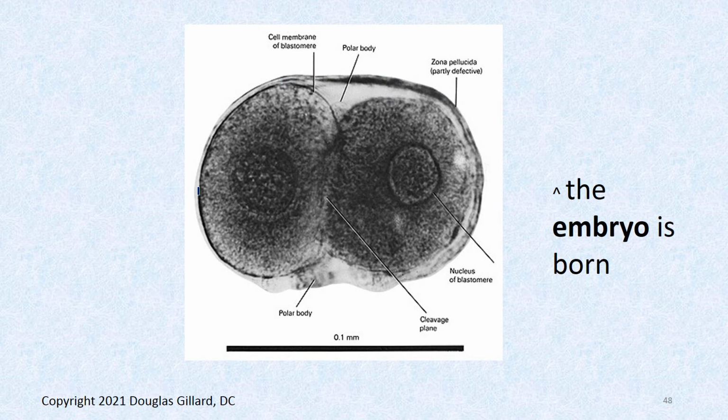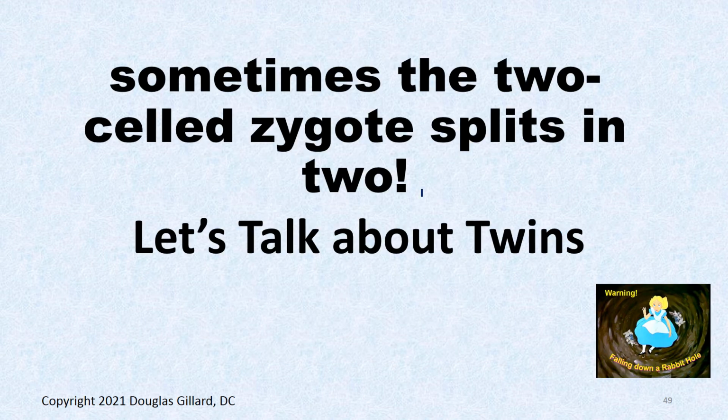Zona Pellucida stays on the outside, but the zygote has replicated. The zygote has split into 2 pairs, but the Zona Pellucida didn't want anything to do with that. So you can see it has 2 nuclei. Each one of these cells is 46 chromosomes. And yeah, this is the first embryo, so we have a more complex human.